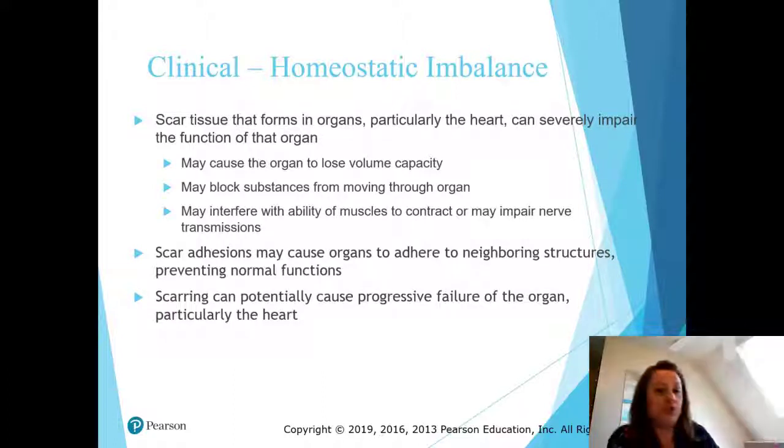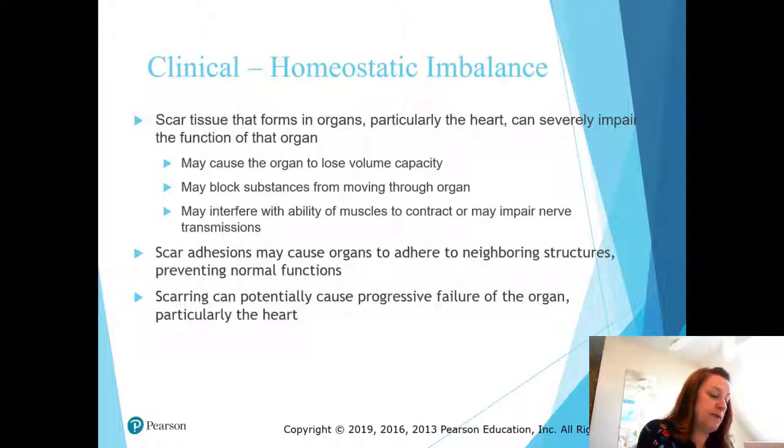If scar tissue forms in the heart, well, maybe your heart doesn't work very well. Maybe your heart is not going to be able to expand or contract. So that will seriously reduce the volume of blood that can go through the heart.